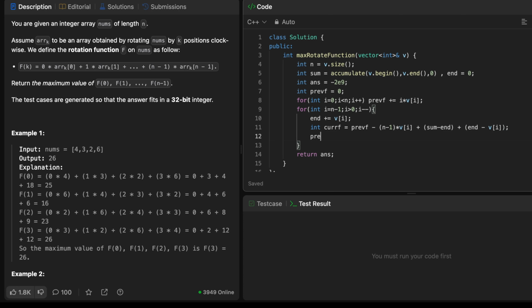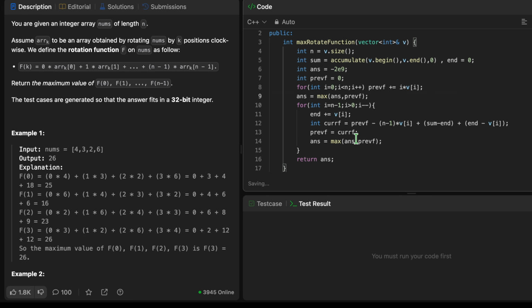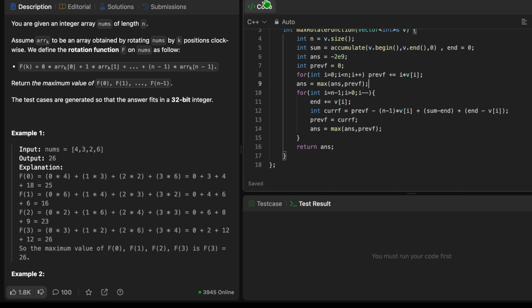Then prev f becomes cur f, and answer is max of answer, comma, prev f, and also need to do it here so that the f of 0 is also registered.